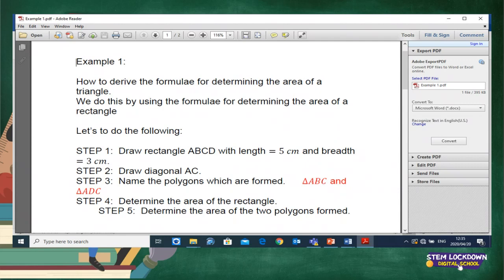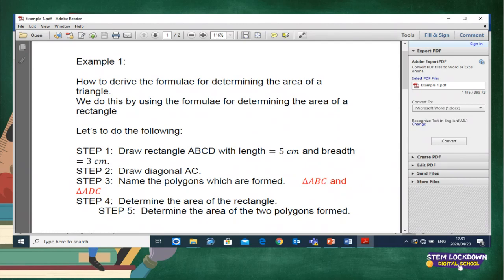So you will see from this example that it will be easier for you to derive the formula to calculate the area of a triangle, now that you know the area for the rectangle. And just to recap, we said that the area of a rectangle is equal to length times breadth.